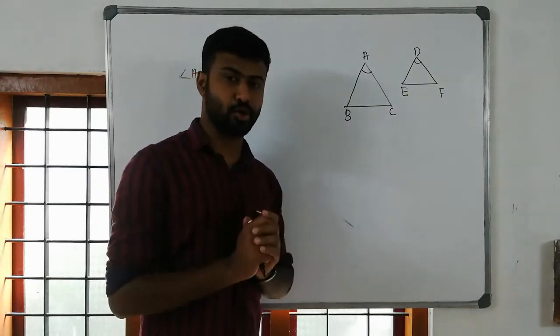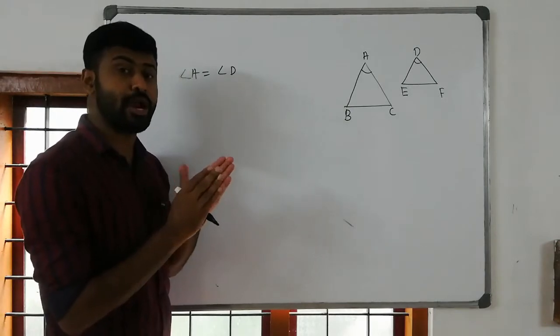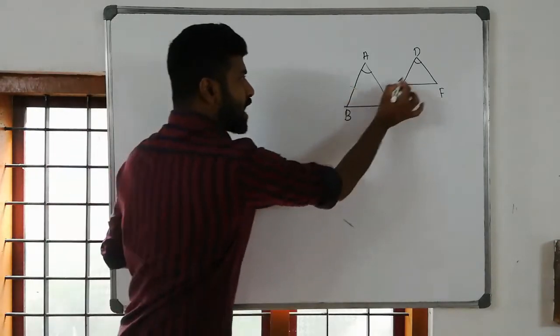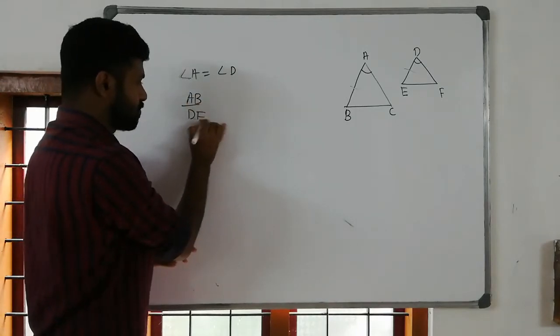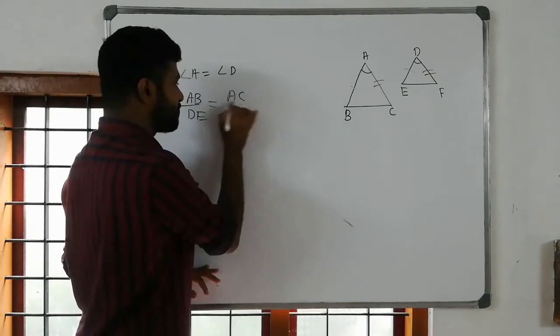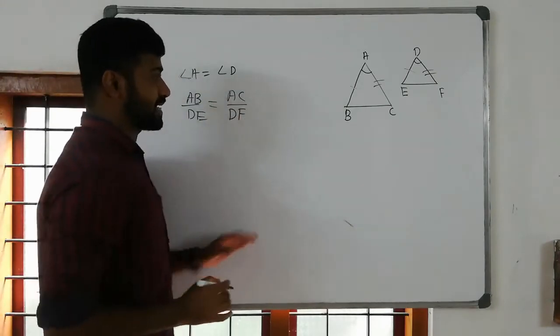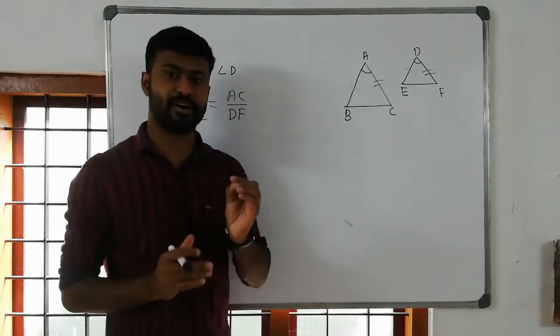When the sides including the equal angles are in proportion, that is AB by DE equal to AC by DF, then the triangle ABC and the triangle DEF are similar.